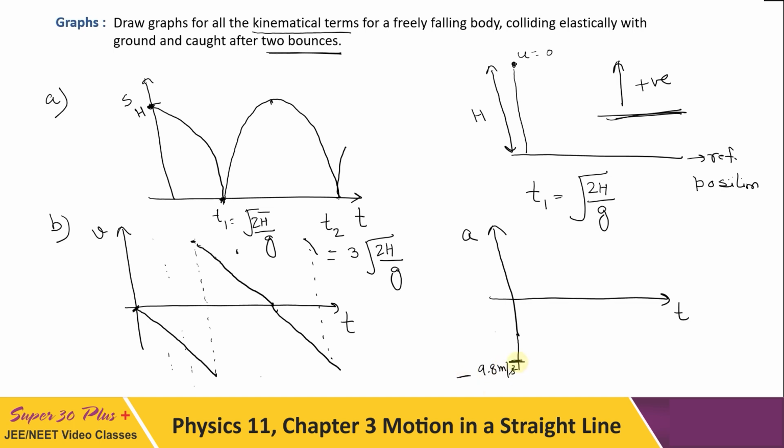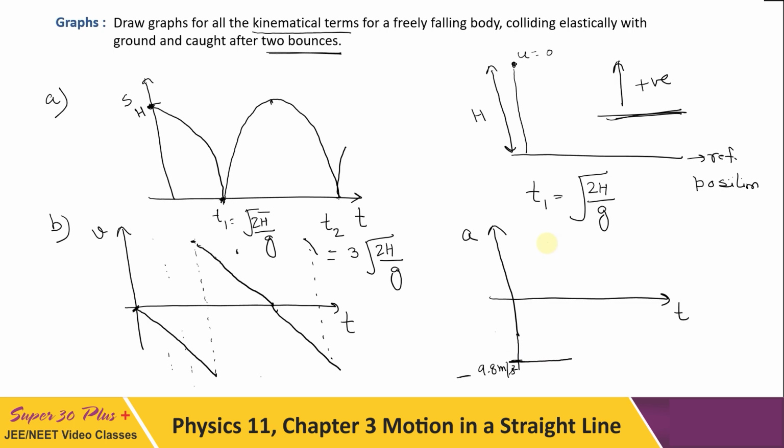This value will continue till the collision takes place, because at the moment of collision the ball is colliding with the ground. For that moment its velocity is getting reversed, so there must be some impulsive force on the ball which will change its direction for that particular moment when the ball is in contact with the ground.